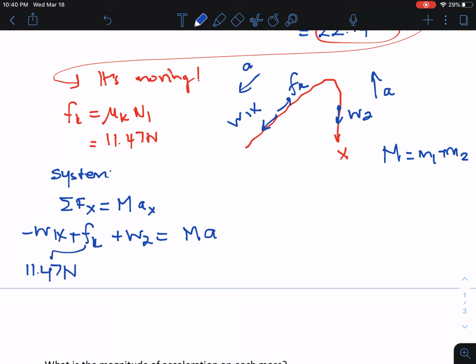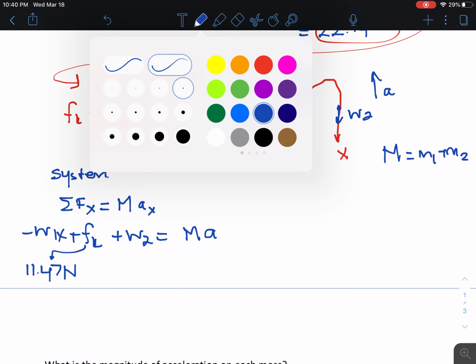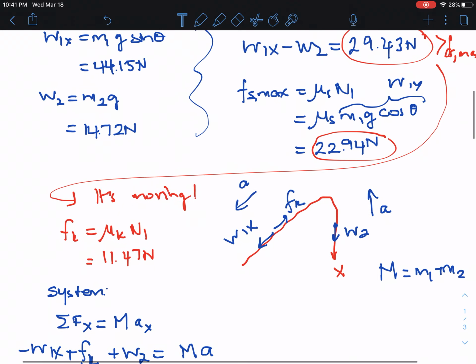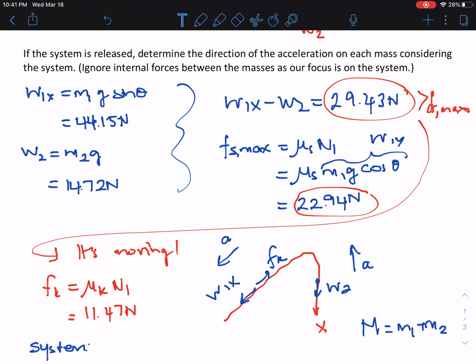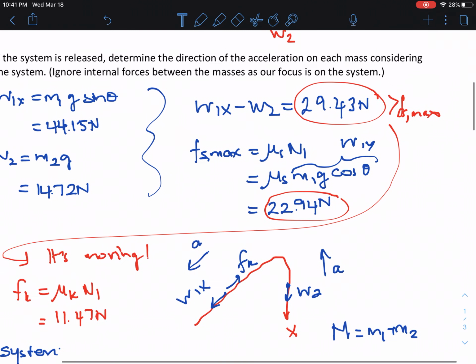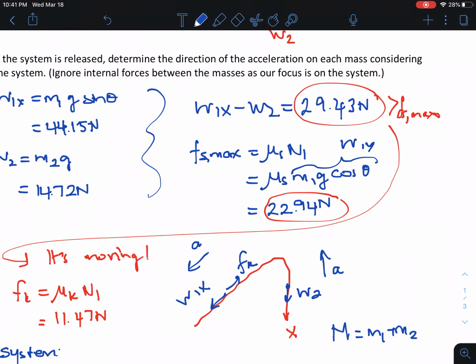And the rest we found up here: this value is W1x minus W2.